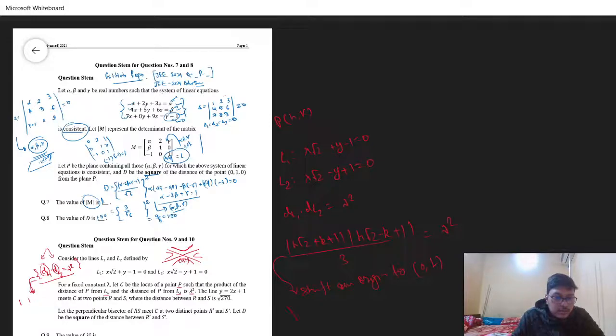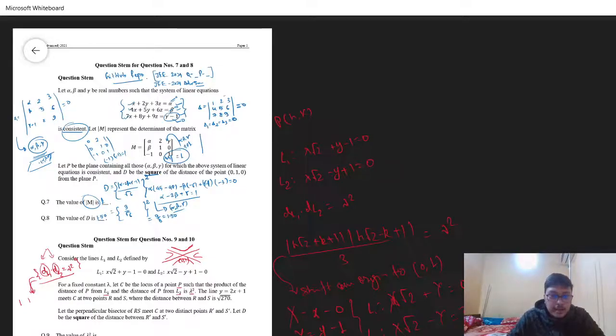So in a new set of coordinates, we put X equals x minus 0, Y equals y minus 1, and we would get the two lines as L1: capital X root 2 plus Y equals 0, and capital X root 2 minus Y equals 0.